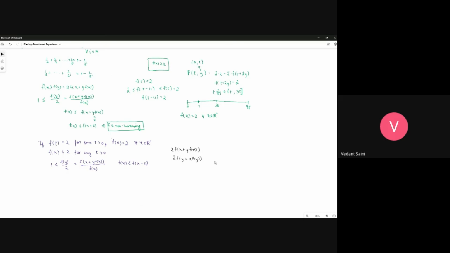We have this thing, these two things are equal: f of x plus y times f of y, and y plus x times f of x.